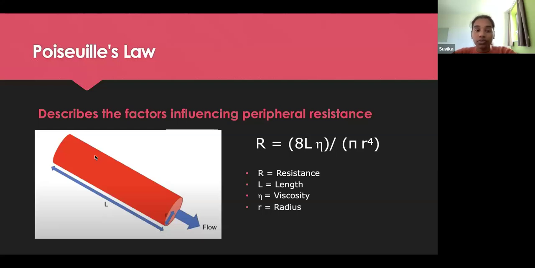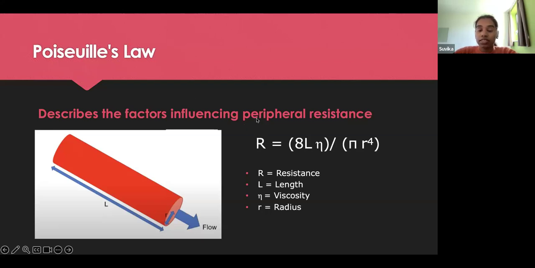So Poiseuille's law gave us the factors that influence your peripheral resistance, and the main ones being the length of the vessel. So the longer the vessel, the greater the resistance. The viscosity of the blood itself inside the vessel, and also the radius of the vessel.